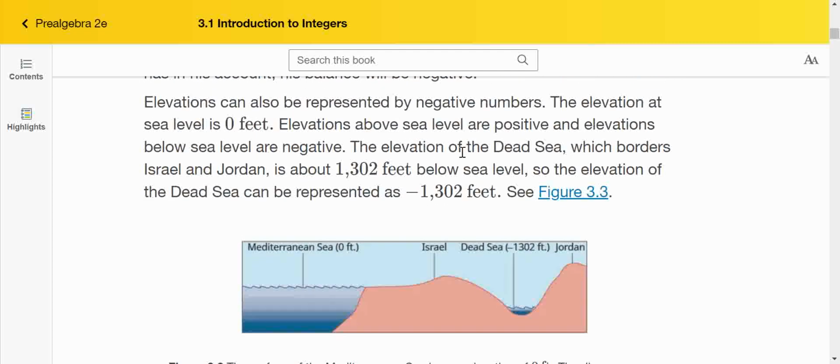The elevation of the Dead Sea, which borders Israel and Jordan, is about 1,302 feet, or 1,302 feet below sea level. So the elevation of the Dead Sea can be represented as negative 1,302 feet. See Figure 3.3.